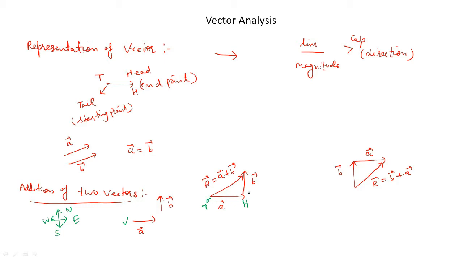So here you see that this is the head of the vector A and this is the tail of the vector B and this is the head of the vector B. Now we draw a line from the tail of the vector A to the head of the vector B. Now we will draw an arrow towards the side of the vector B. When we draw a line from the tail of the vector A to the head of the vector B, we say that a tail is matched with tail and a head is matched with head.